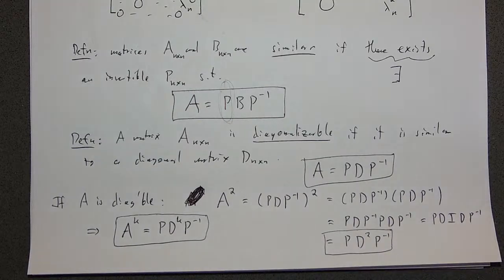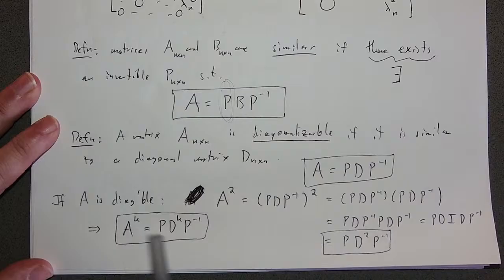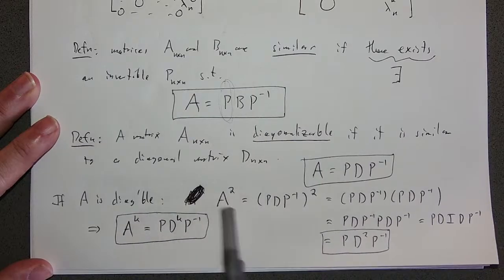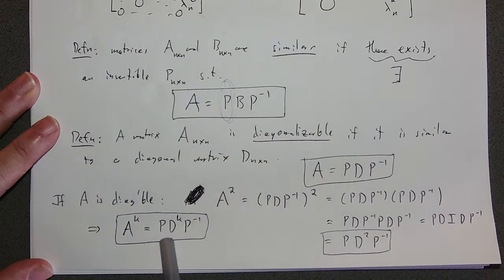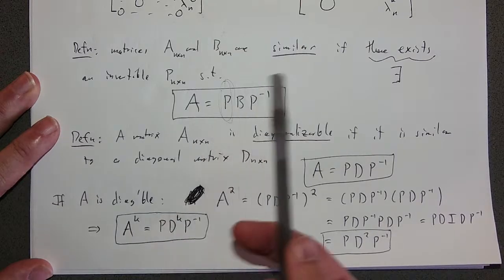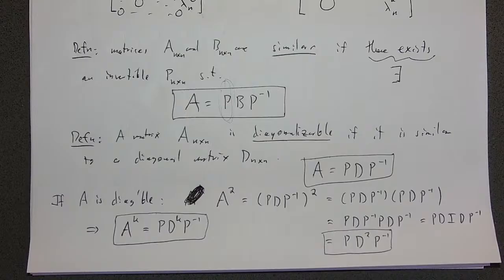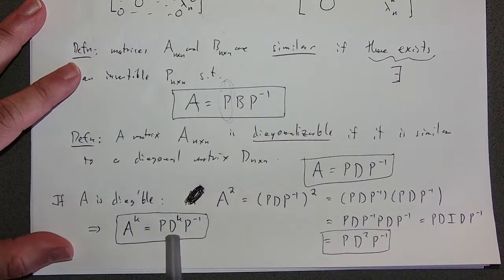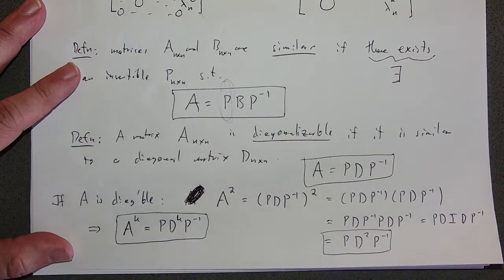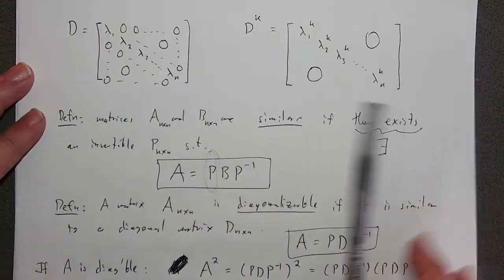How does this help me? Well, this is saying that if A is diagonalizable, then the powers of A are also diagonalizable, and another way of saying that is they are similar to a diagonal matrix D, but specifically they're similar to D raised to the kth power, which is an easy thing to compute.